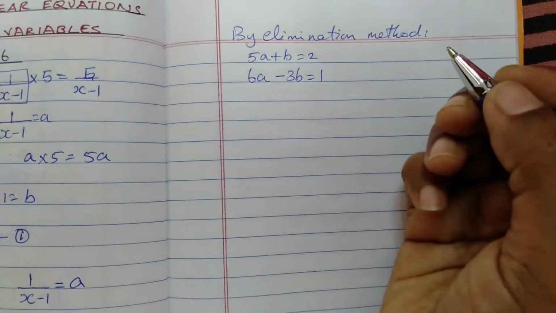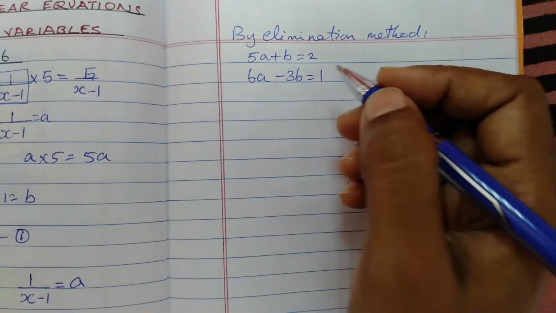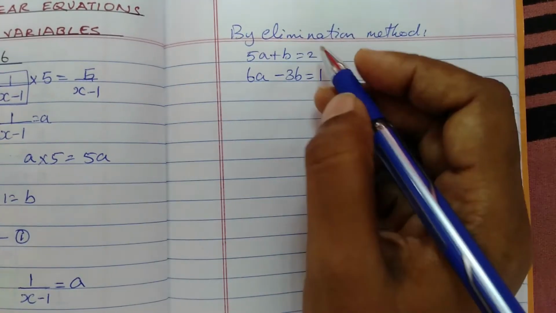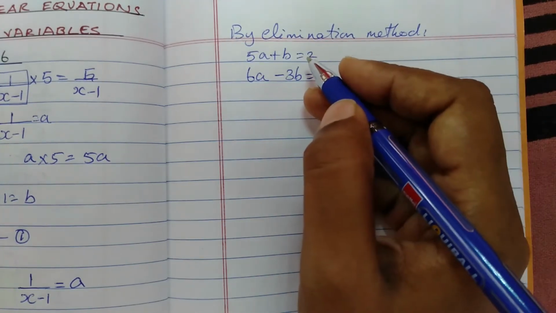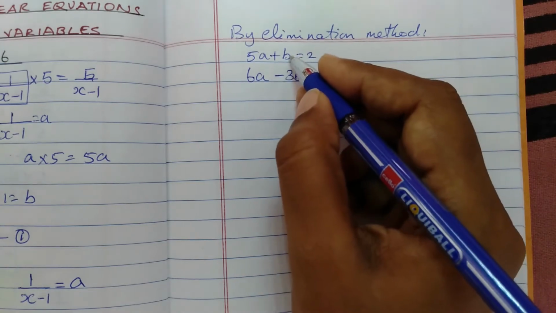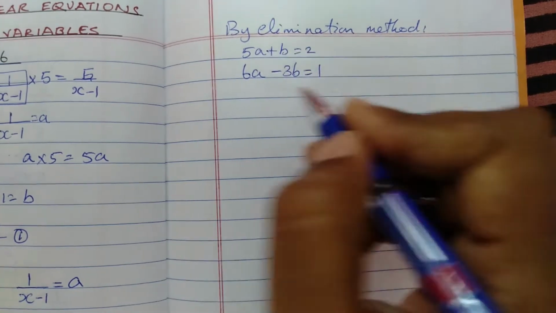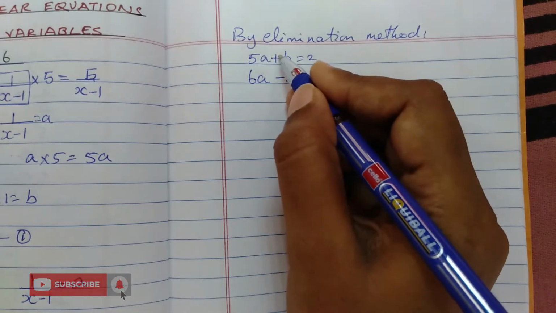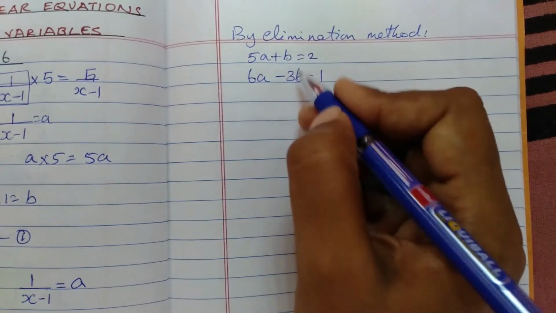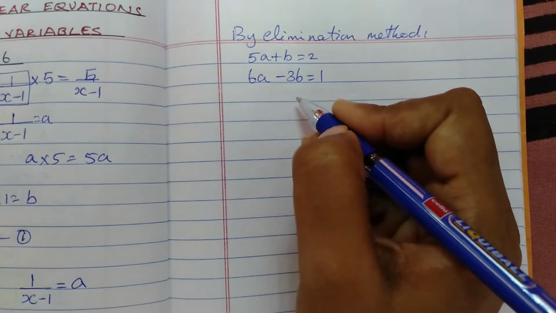to 1. Now if you see here, in elimination method, we will actually be eliminating any one variable from this. So now here I prefer to eliminate this variable, because if I multiply this equation by 3, then I will get a 3b here. So plus 3b and minus 3b is 0.